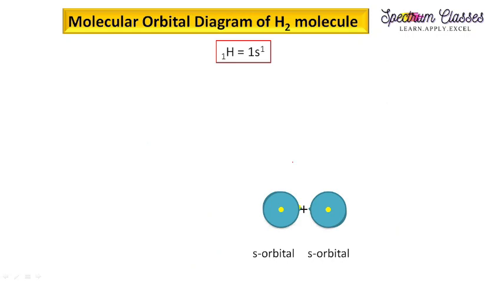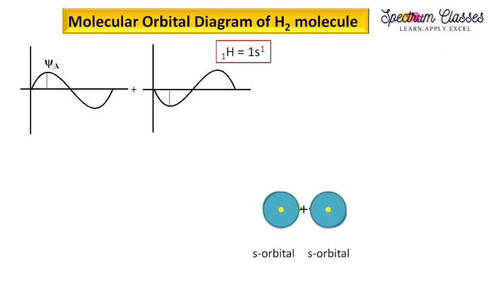Now I'll show you the destructive interference. Suppose in case of destructive interference, for one hydrogen atom we are having the wave in this manner with amplitude psi A, and the other wave is in opposite phase with amplitude psi B, and on adding these two we will get a resultant wave having amplitude in this way, right?